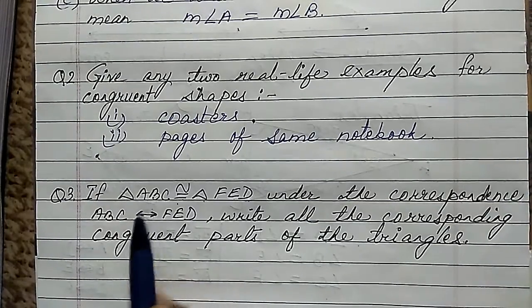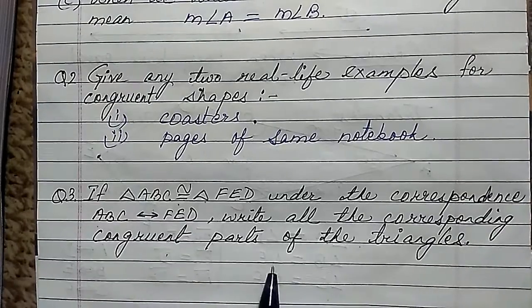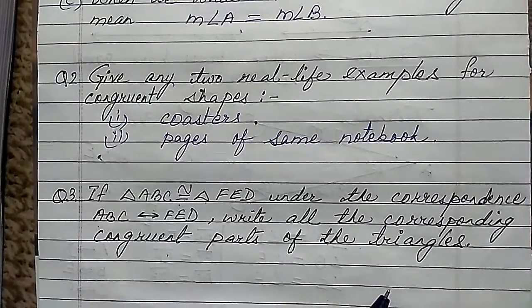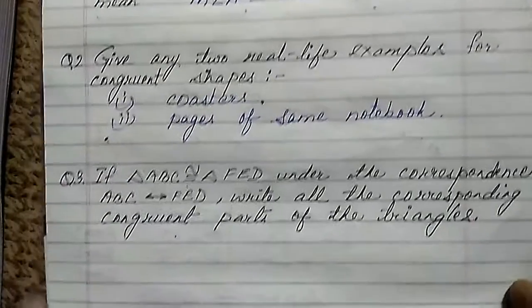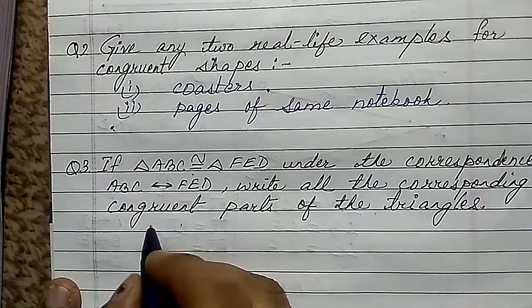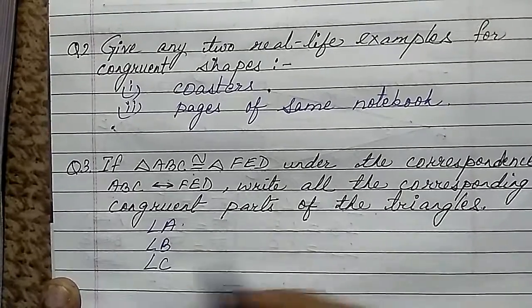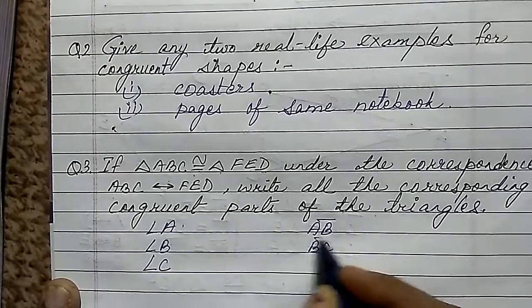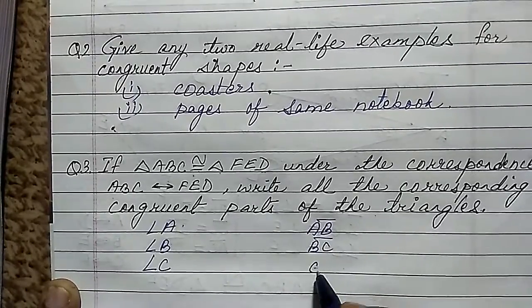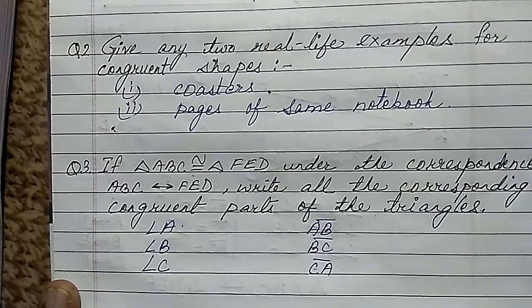So here you have to pay attention that I had said about the corresponding parts of the triangle. What are the parts? Corresponding parts we will see later. First tell me the parts. What will be the parts of ABC? Parts will be angle A, angle B, angle C, line segment AB, line segment BC, line segment CA. These are the parts of triangle ABC.